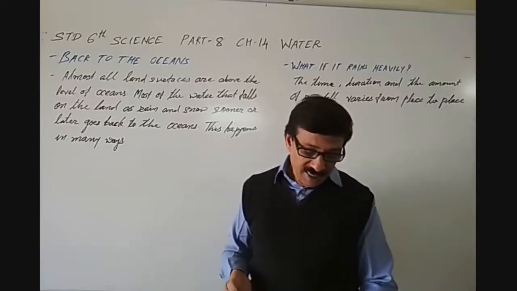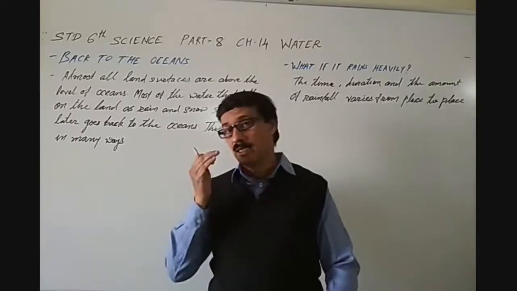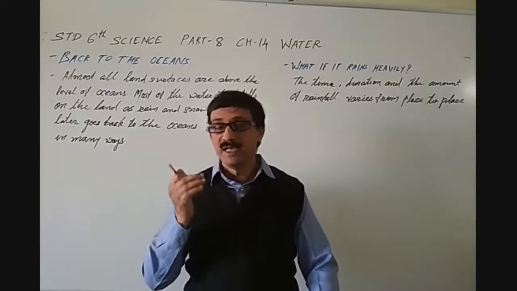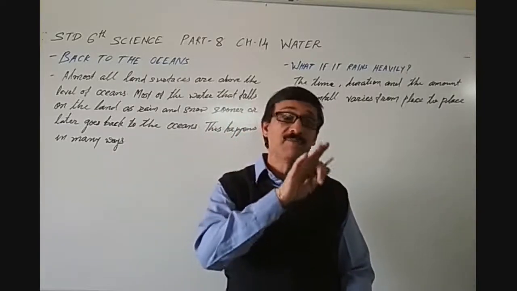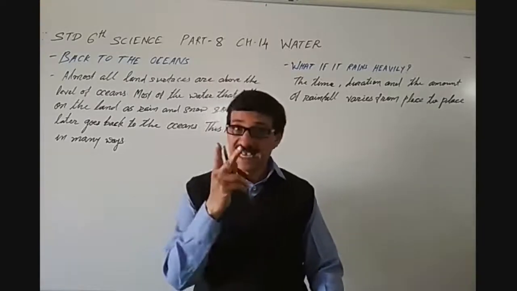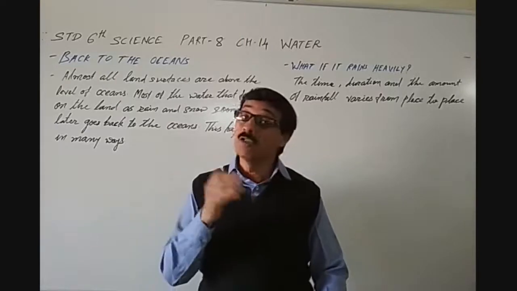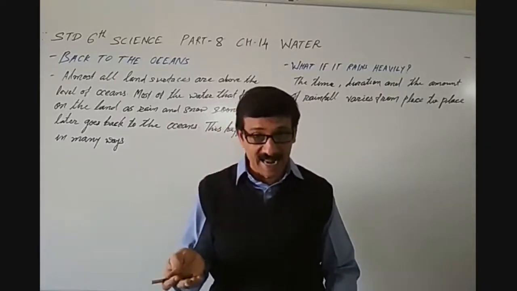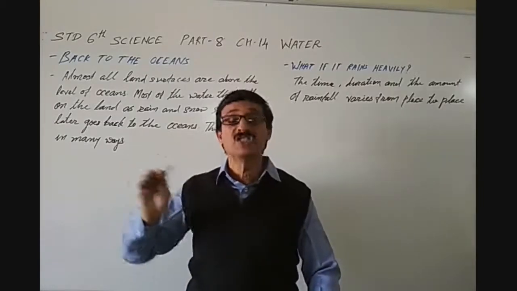Some of the water that falls on the land as rain. See, water as rain on the mountain becomes snow. Now it becomes water and falls down on the land, that is one way. Second thing, some of the water that falls on the land as rain also flows into rivers and streams.